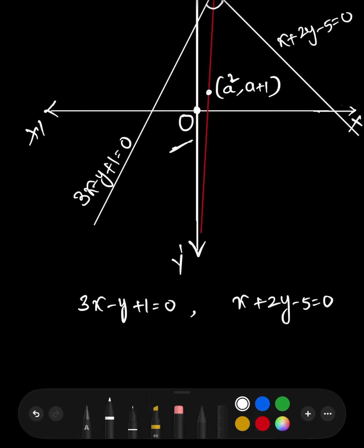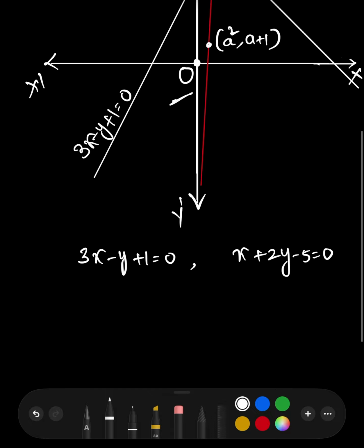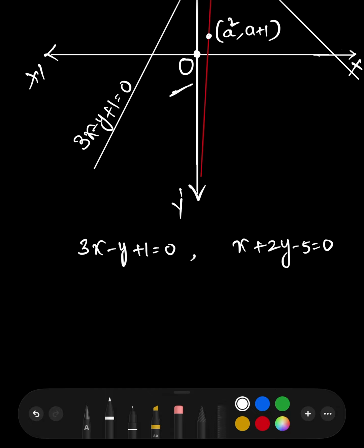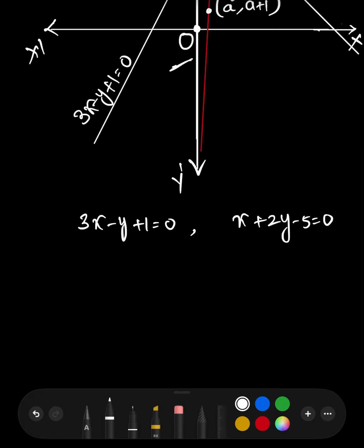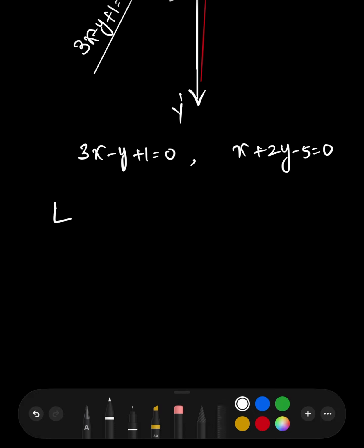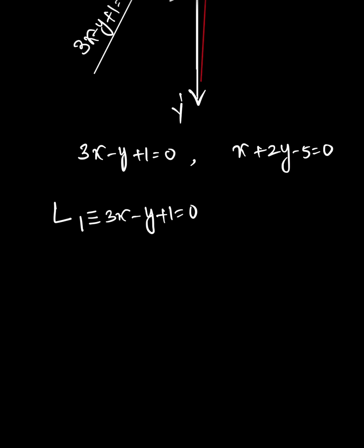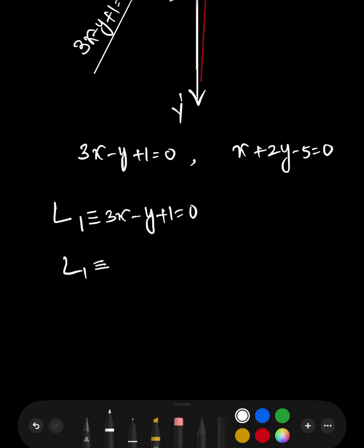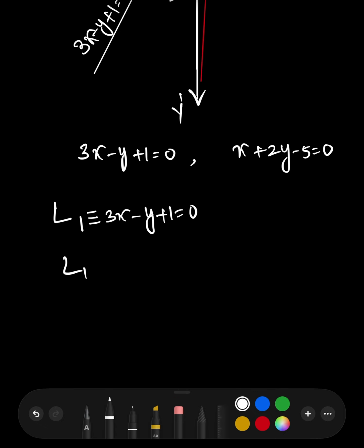We know that if two points lie on the same side of a line, then their values in the line equation have the same sign. Let L1 be 3x minus y plus 1 equal to 0. If I substitute the origin in this line equation, the value will be 1, which is positive.